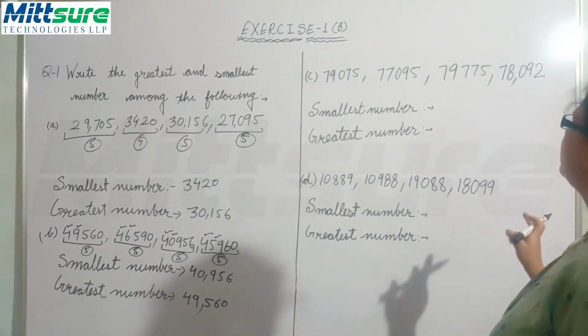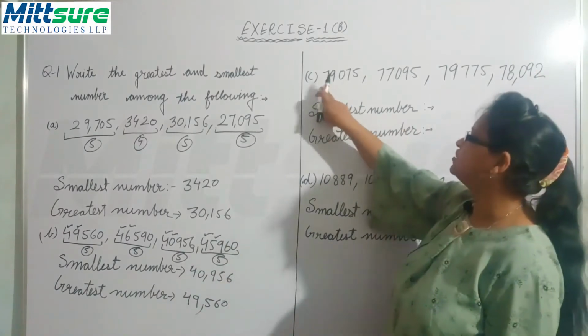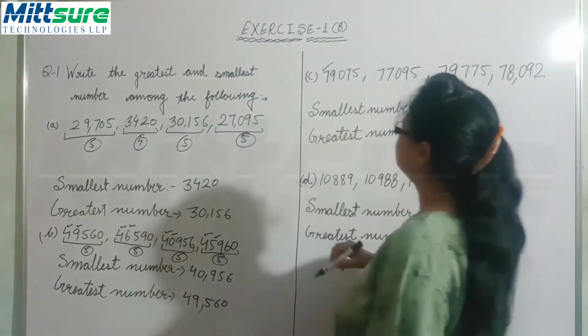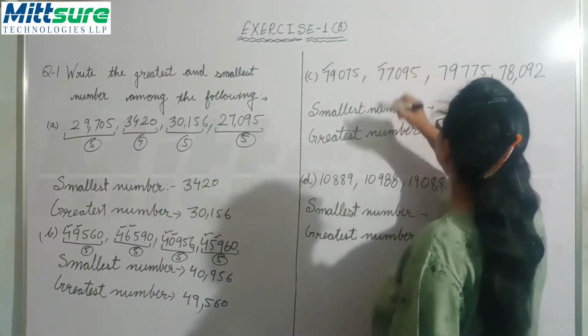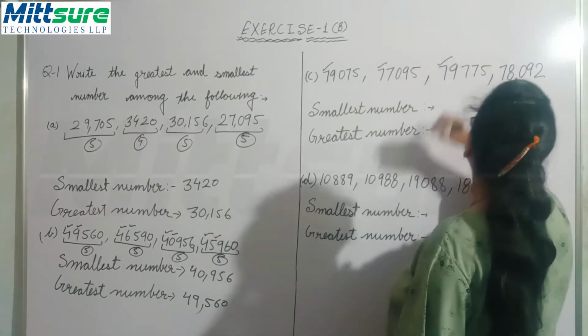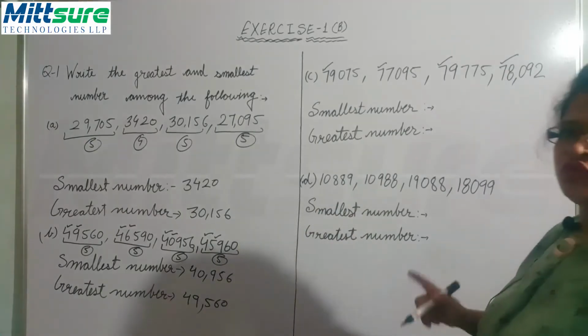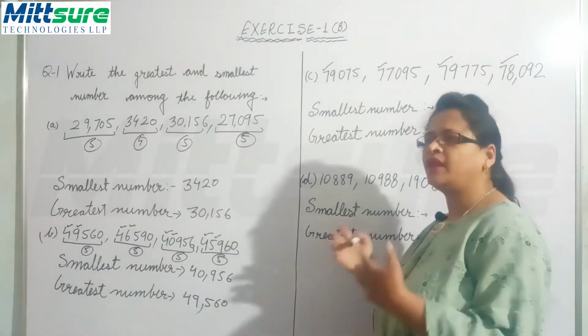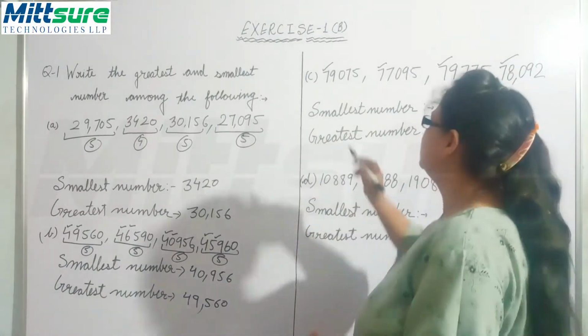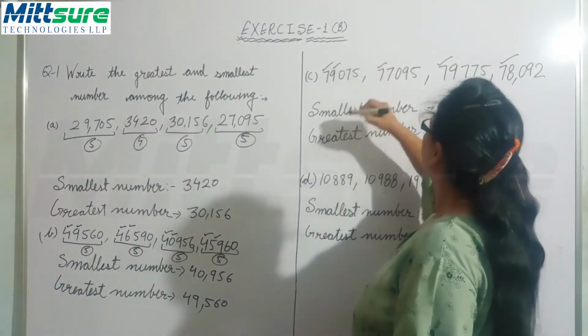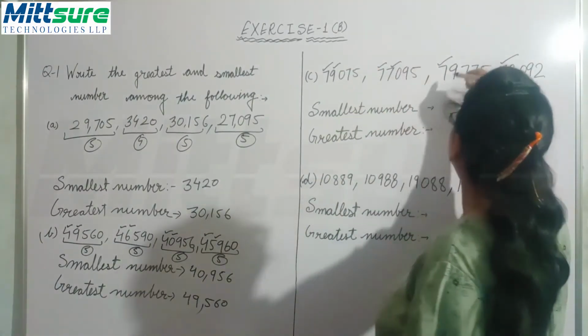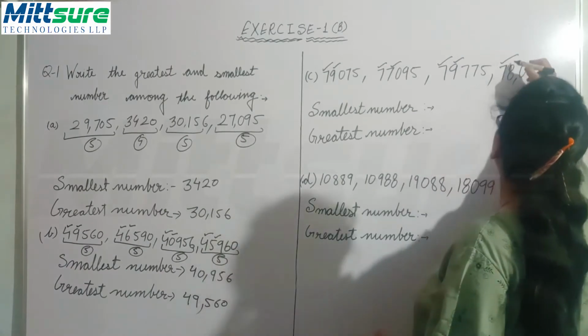So first we will compare the leftmost digit, that is 7. This is 7 and this is also 7. Leftmost digit is 7 and leftmost digit is 7. So now we have to compare the next left digit, that is 9 here, that is 7 here, that is 9 here, and this is 8 here.